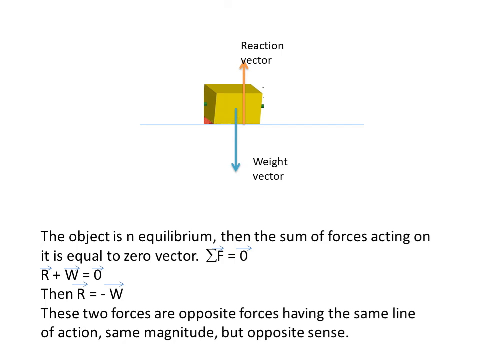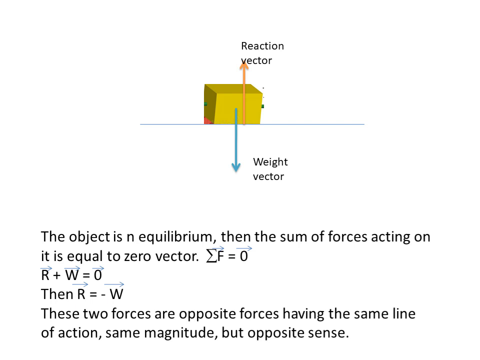The line of action is vertical, which means perpendicular to the horizontal, and usually it is upward. The weight's point of application is the center of gravity, as you can see here.